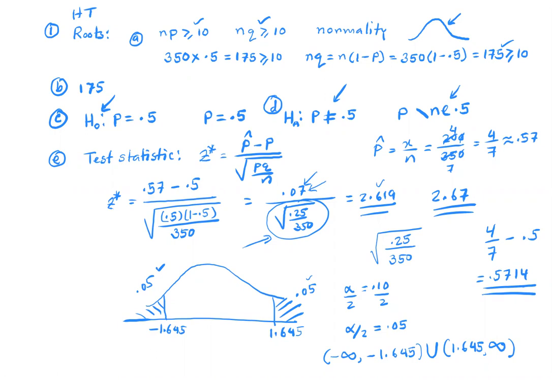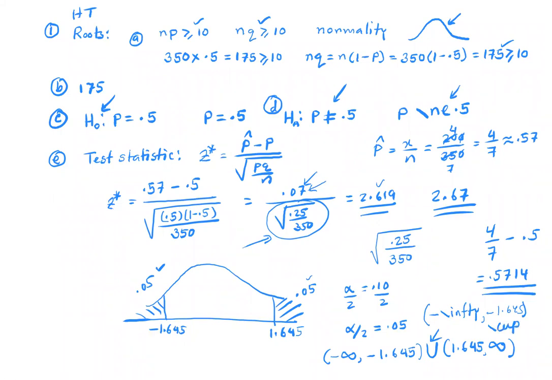So what you want to do is this. Put a parenthesis, then minus backslash infty. That's going to give you negative infinity. And then negative 1.645, close parenthesis. Now, how do you put this union? You put backslash cup.